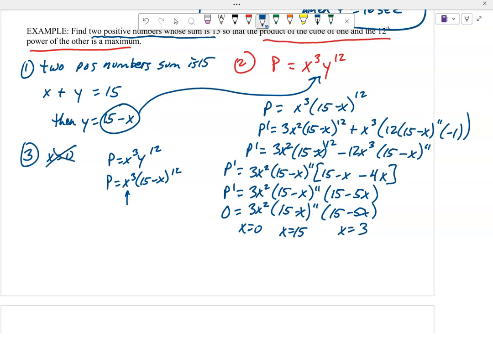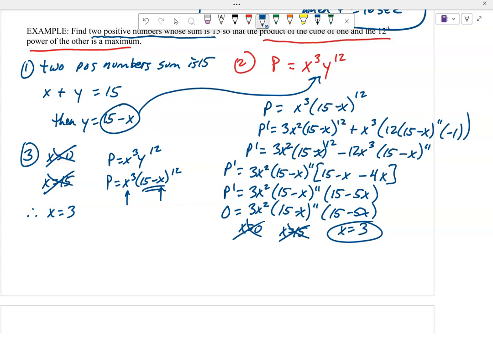And notice for the 15, that's the same problem. If I plug a 15 in for x, that's going to make this part 0, and so the product would be 0. I'm trying to maximize the product, right? Therefore, those are out, and the only one left would be the 3. The 3 would be the best one.